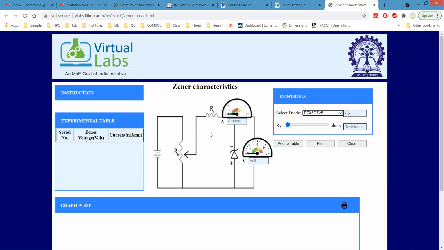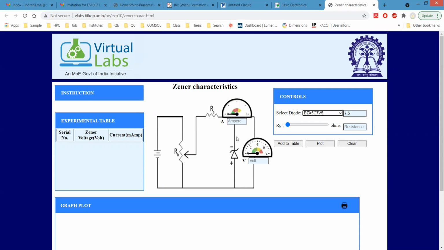So the experimental setup will be that. We are going to change the voltage of the source, as this total source is connected to a variable resistor, or you can say potentiometer. Depending on the point of contact of this potentiometer, we will have different voltage across this Zener diode.